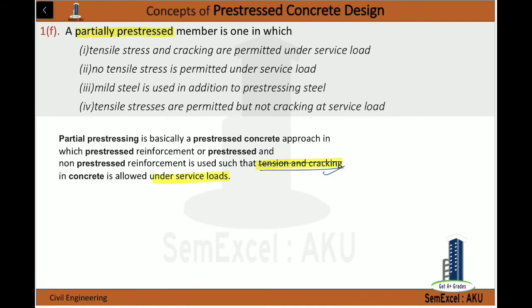This tension is equal to the permissible tension, and this cracking should not be more than the critical cracking, meaning permissible cracking. So within the limit we are allowing the tension and cracking under service load. So the first option is correct: tensile stress and cracking are permitted under service load.